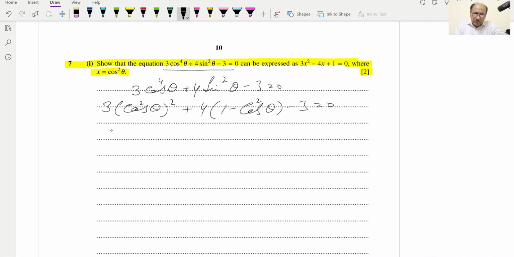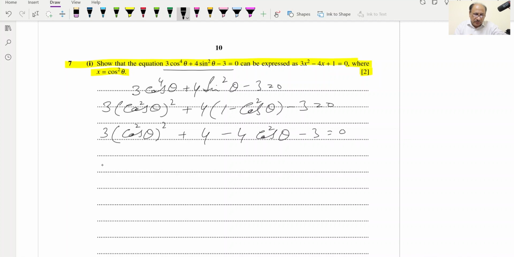Further we can multiply the 4 inside the bracket, so it will be 3 into (cos square theta) square, plus 4 minus 4 cos square theta, and minus 3 is equal to 0.